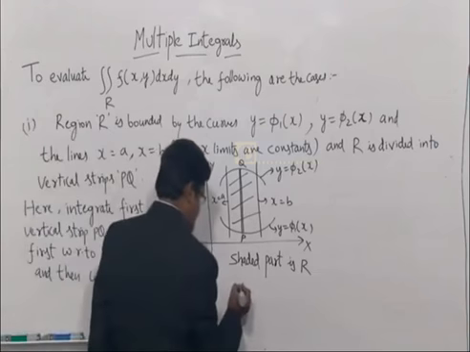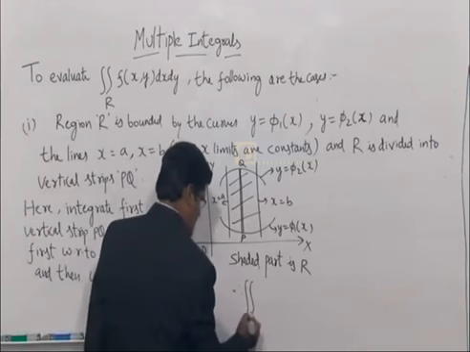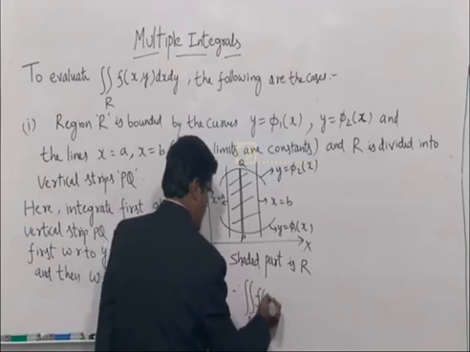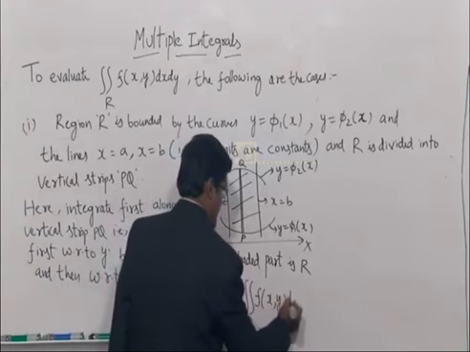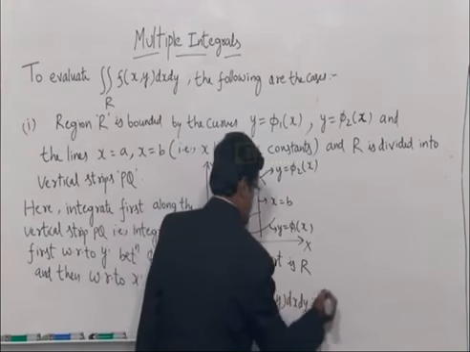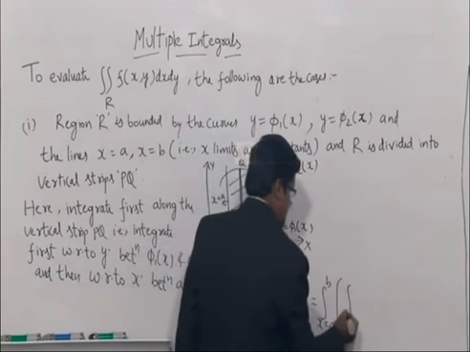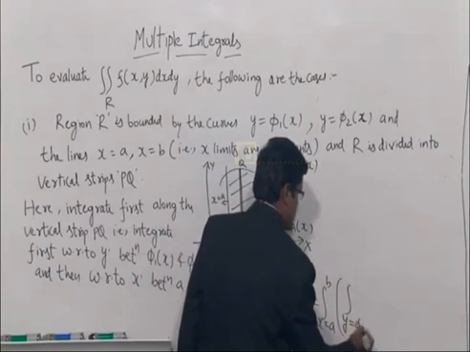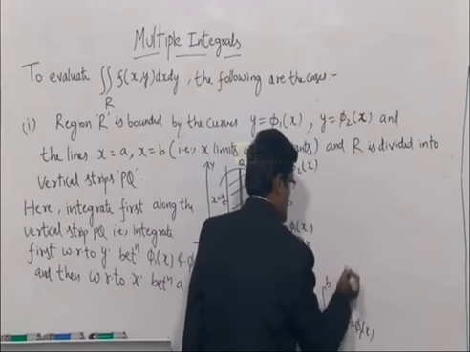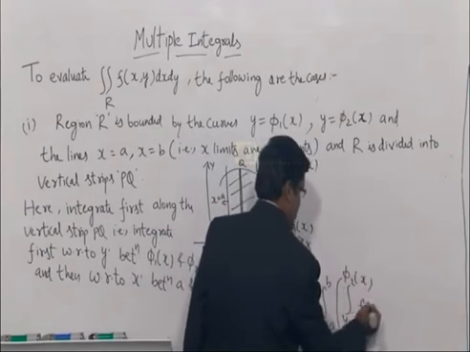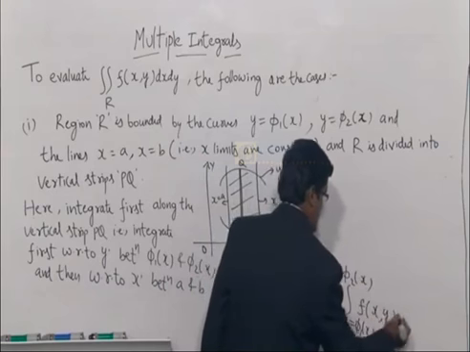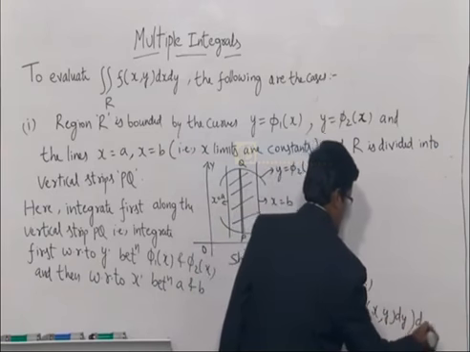So therefore the double integral over R of f of x comma y dx dy is equal to the integral for x from a to b, keeping inside the y limits, y integration, y from phi 1 x to phi 2 x, f of x comma y, dy, and then dx.